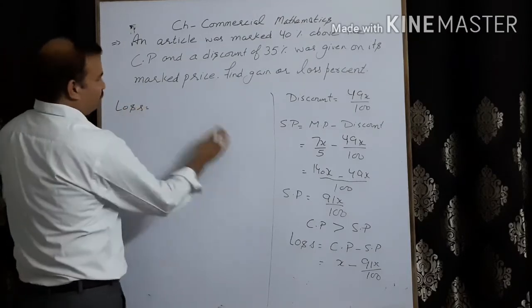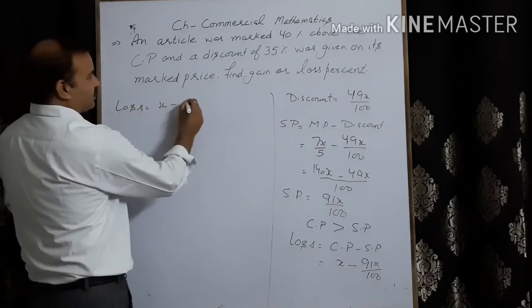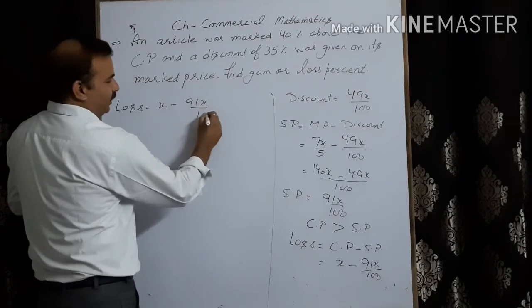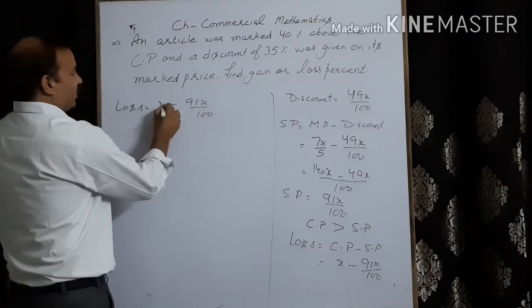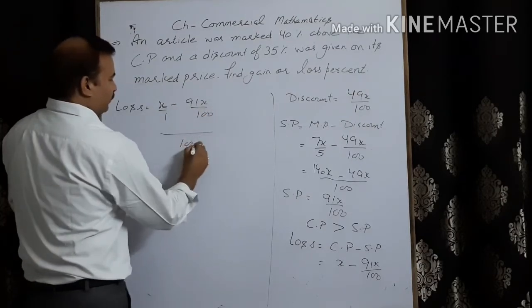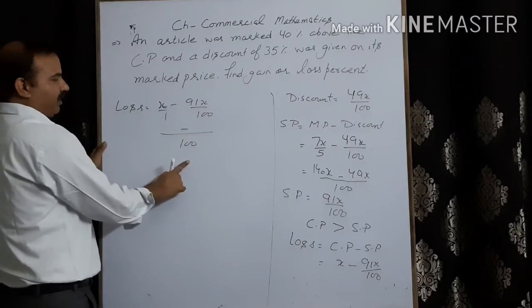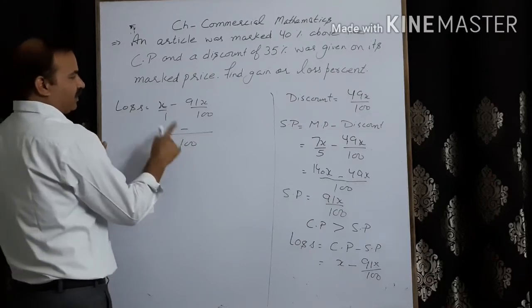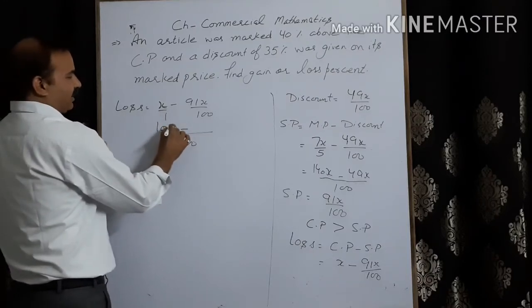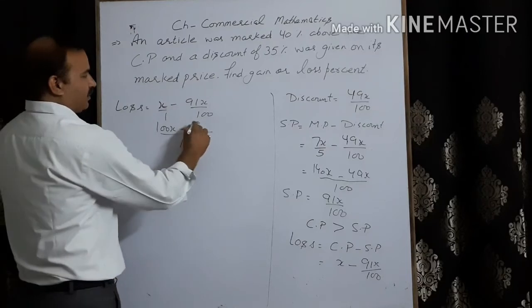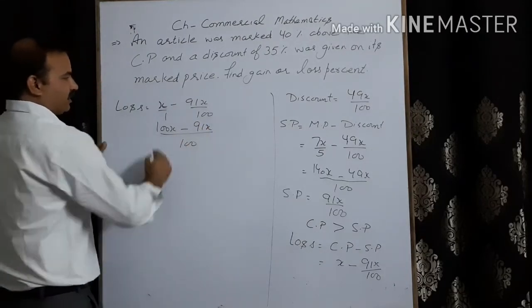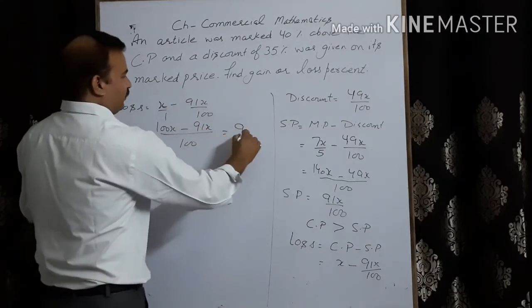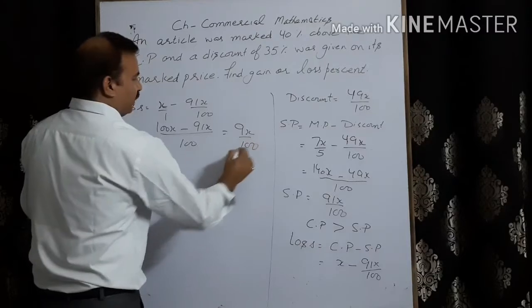If I write that last step again, that is x minus 91x by 100. If we take the LCM, 100 multiplied by x is 100x minus 91x. On subtraction, this will become 9x by 100.